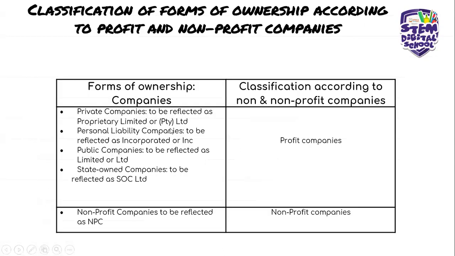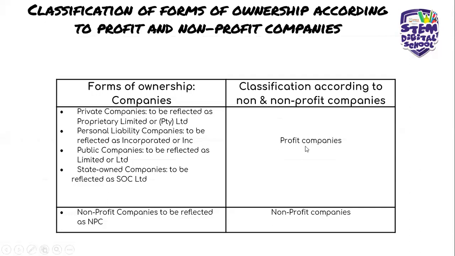Your private company, obviously, guys, is to be reflected as a proprietary limited or PTY Ltd, and is regarded as a profit company. Your personal liability company is to be reflected as an incorporation, Inc. I'm sure you have seen James Company Inc, meaning it's incorporated.